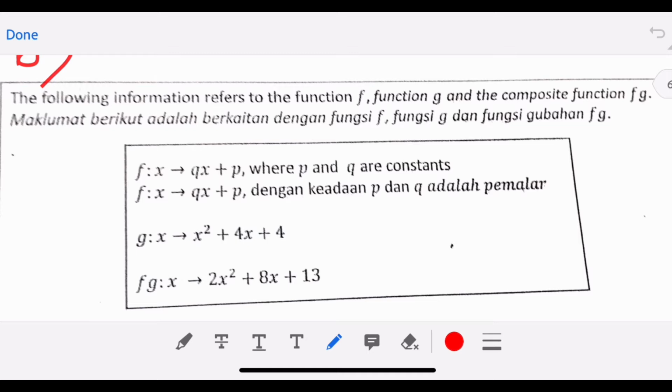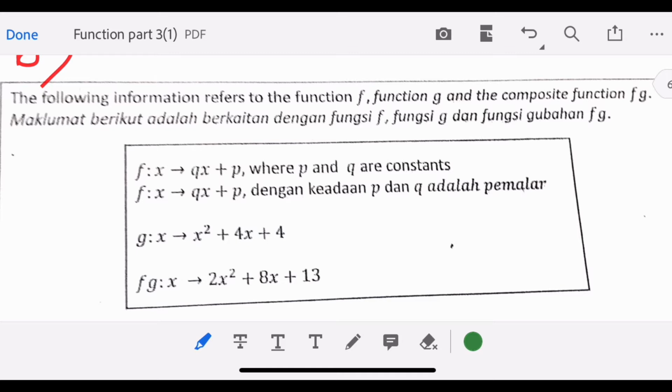Okay, all the Form 5 students, you are going to sit for exam, so please use your holidays to learn because additional maths is time consuming. After school holidays end, you will be flooded with so many homeworks, so you don't actually have time to do additional maths. So now let's get started with the class.